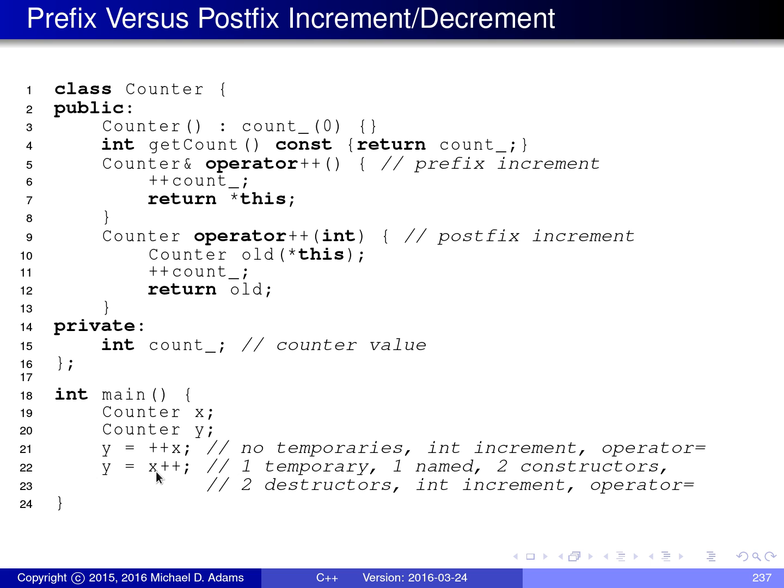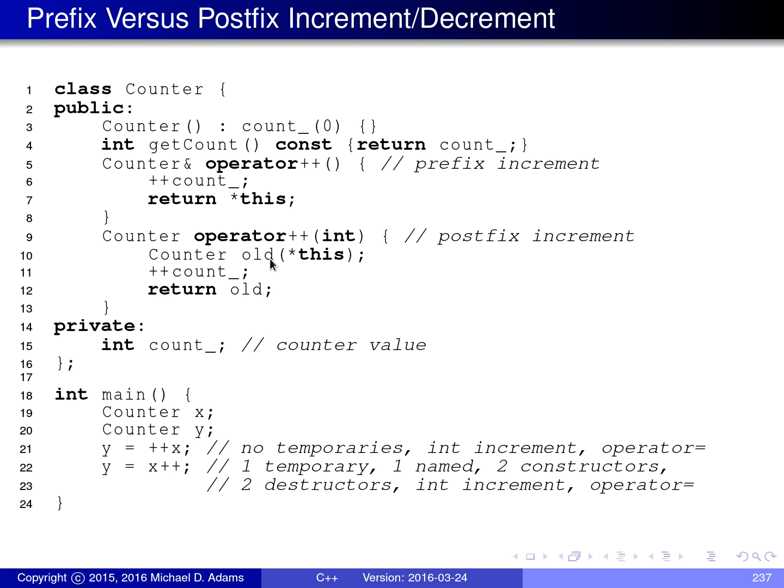If we go on to the next line, the cost, as it turns out, is much higher. This is going to invoke the postfix increment operator, which is this function here. Inside this function, the very first thing we have to do is save the current version of the counter, because the convention followed by postfix increment is that it returns the value before the increment operation takes place. In other words, it returns the old value before you increment. This implies you have to save the old value.